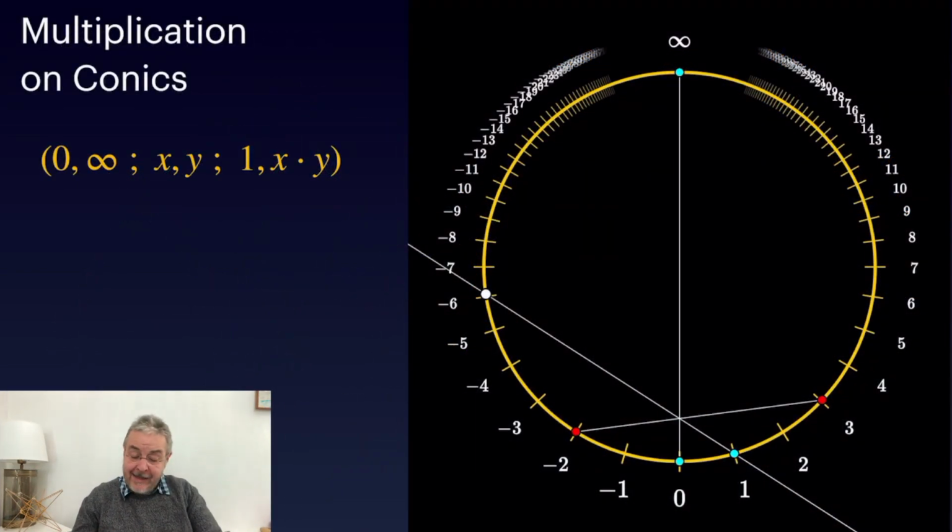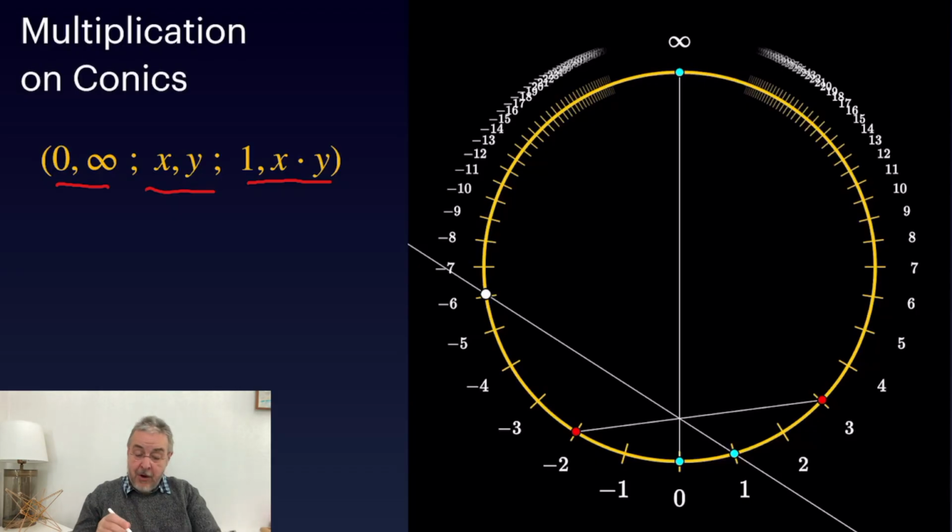So the next application is, you remember when we talked about the von Staudt construction, I told you that, for instance, if you have a projective scale, 0, infinity, x, y, and 1, x times y form a quadrilateral set. And you can turn that into a nice multiplication device.